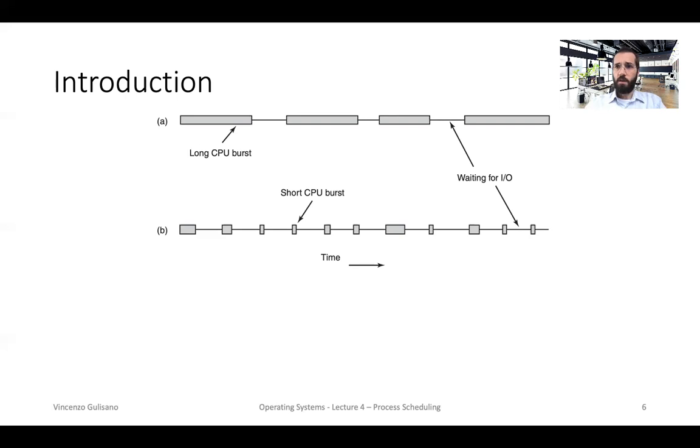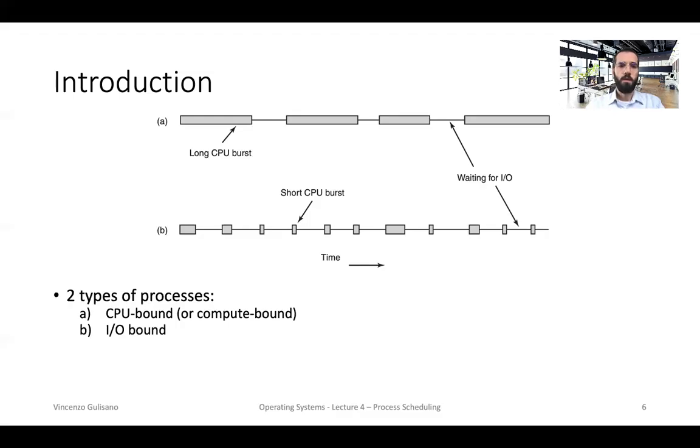So the first distinction we need to make when we talk about scheduling is about the type of processes we have. We have CPU bound and input-output I/O bound processes. And this is what is being shown in this figure, okay? So a CPU bound process is a process that once it gets access to the CPU, so it goes into the running state, it is most likely going to stay there for long periods of time because it needs the CPU to run its instructions.